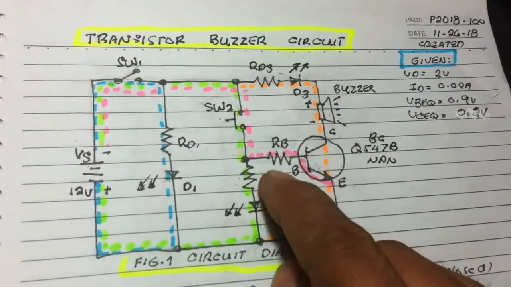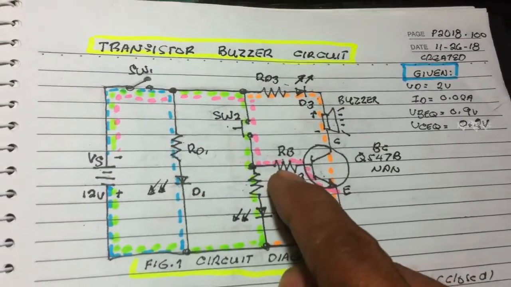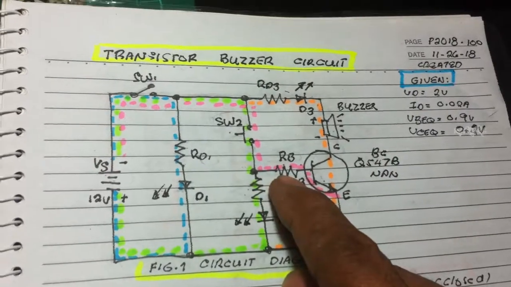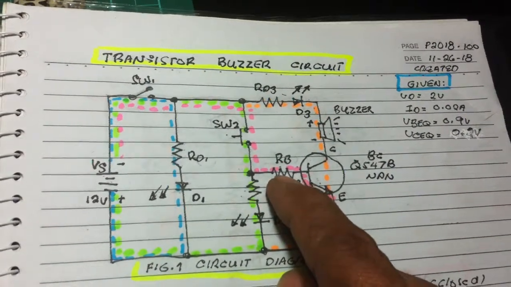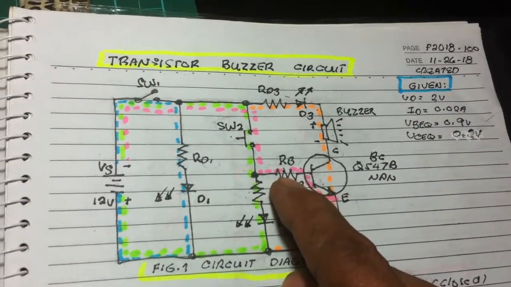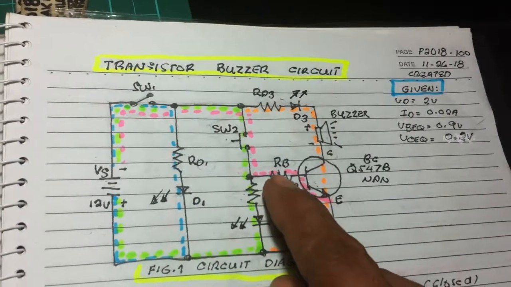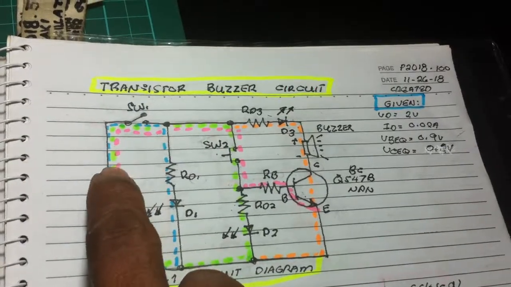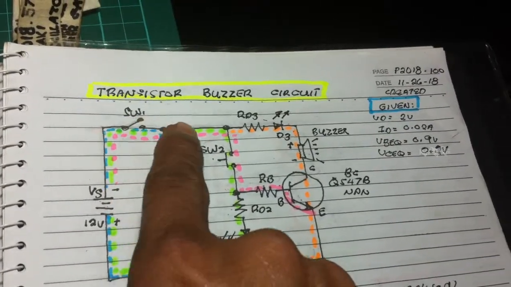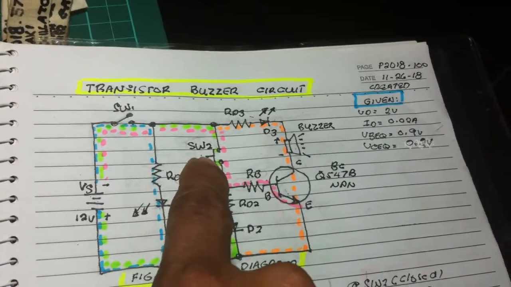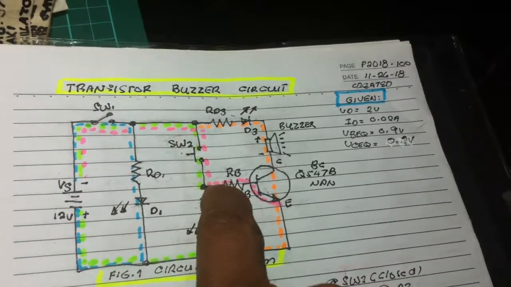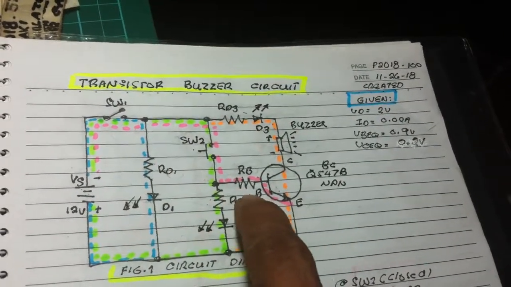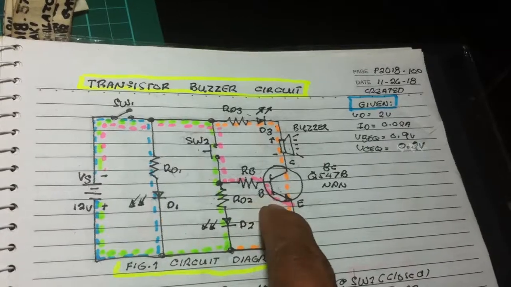How about the voltage drop across the resistor at the base? We can calculate the voltage drop by using KVL. To turn on the transistor, we need this KVL: the voltage supply, the switch, the base resistor, and the base to emitter junction of the transistor.